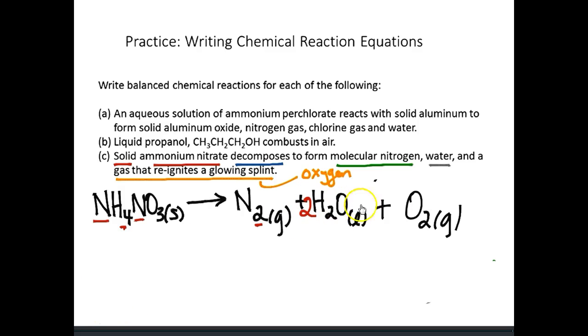There's a 2 in front of this water, and then there's O2, which means that I really only need a 1/2 O2, which means I need to put in the 1/2, and then I'm going to multiply everything through by 2, which makes a 2 and a 2, and water will be a 4, and oxygen will go away and be a 1. And that's my final answer for part C.